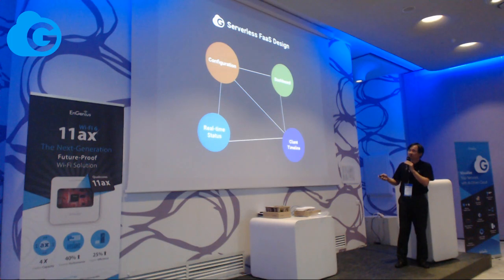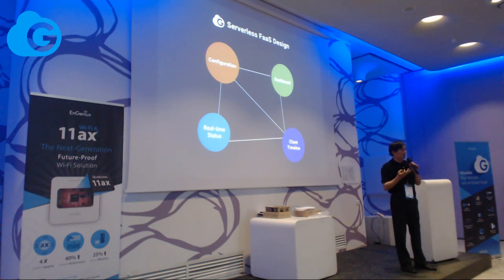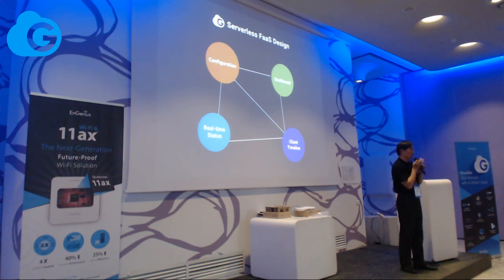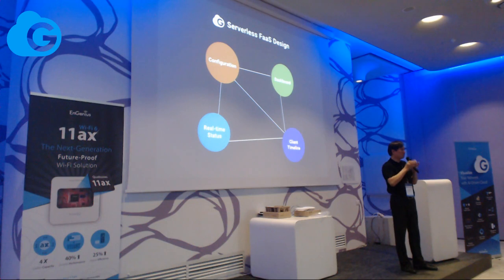So it's very scalable. If right now there are lots of devices that need to connect to the cloud, the function module handling the connection of the APs will scale up. But it has nothing to do with the database or the dashboard or anything else.